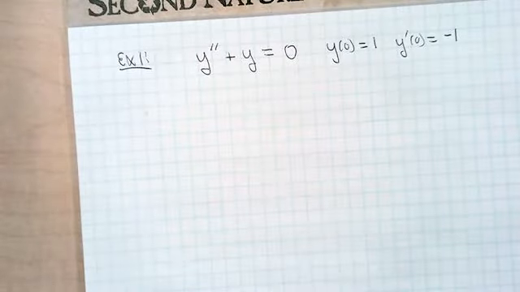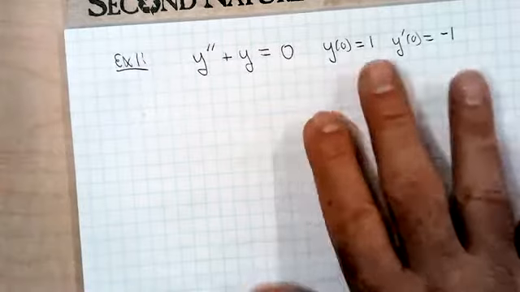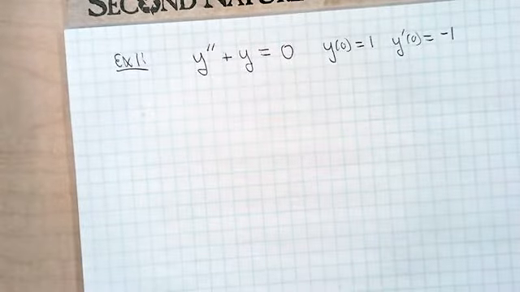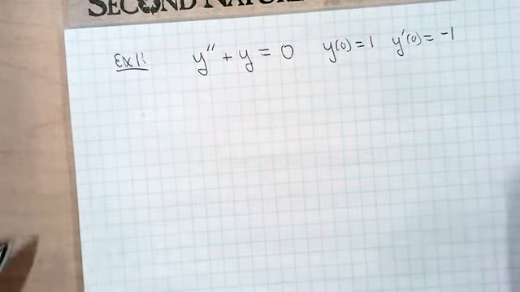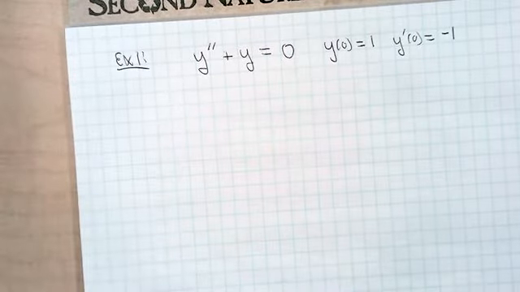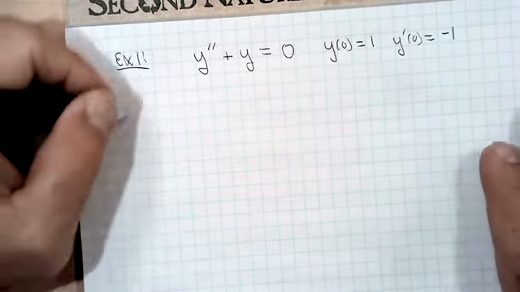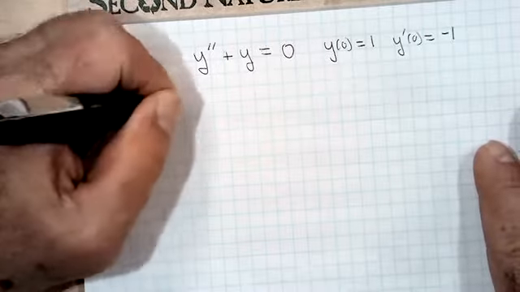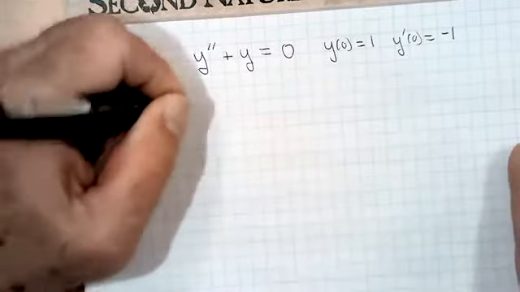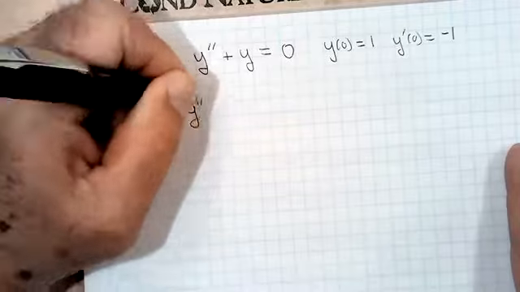Sine and cosine will solve this, and then these initial conditions will serve to fix the coefficients. So it's going to be some number times sine of t plus some number times cosine of t. So we don't really need Laplace transforms to do this, but we're going to do it anyway. So you take the Laplace transform on both sides.